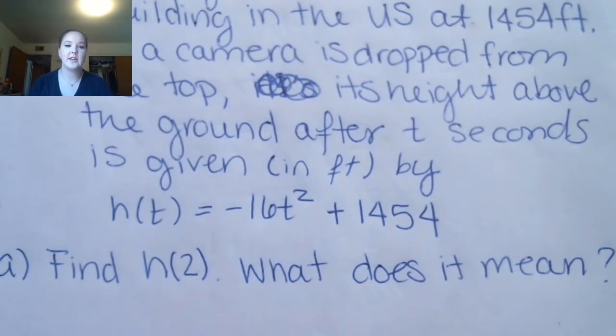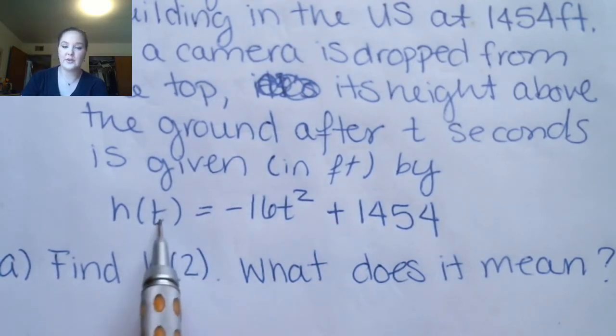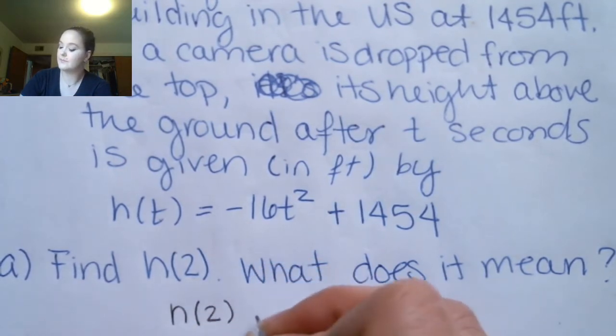The first part says find h of 2, and what does that mean? Okay, so what we're going to do, if you'll remember, this number here is a value for t. So what we're going to do is plug in that value for t.